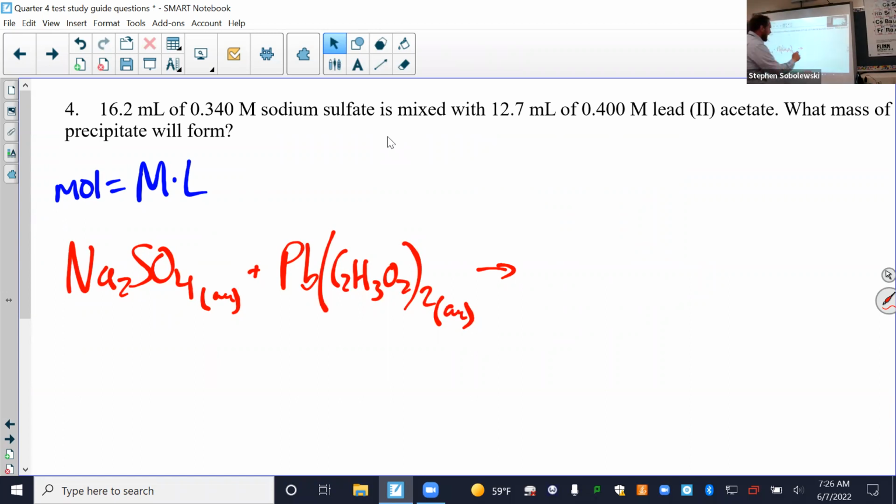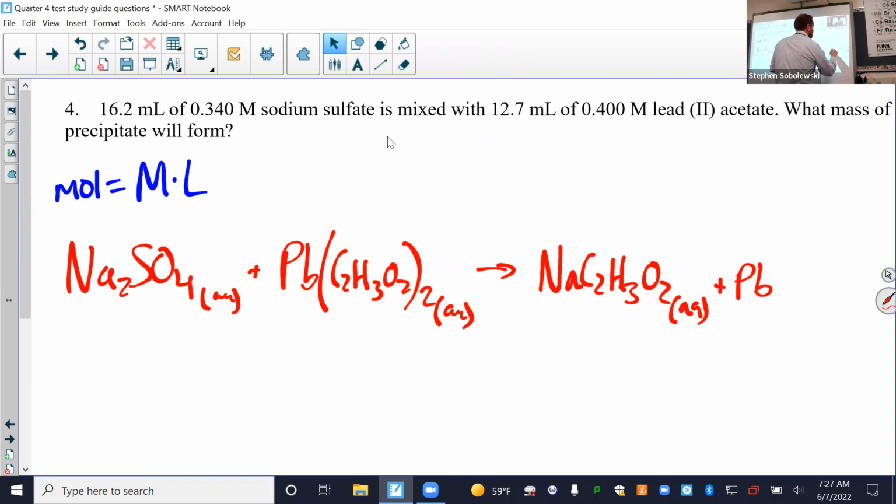We're going to get sodium acetate, NaC2H3O2. I know that that's going to be aqueous because sodium is always aqueous and acetate's always aqueous. PbSO4. So the lead has a charge of 2+. The sulfate has a charge of 2-. So we get PbSO4, which I believe is solid.